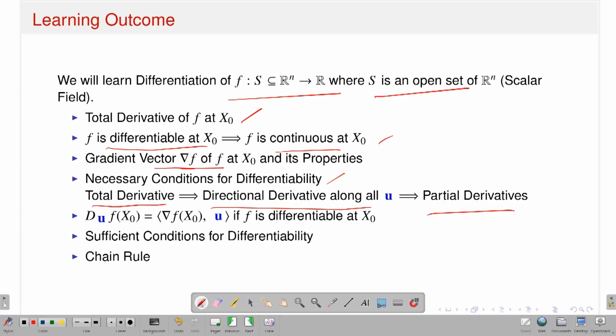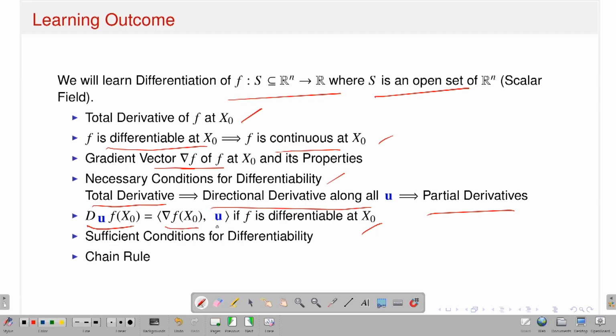Of course, you may ask about the converse: when can I say something about the existence of the total derivative from the existence of partial and directional derivatives? Those are the things I will talk about in my coming lectures. Not only that, once I have the total derivative, I can write the directional derivative of my function f at x naught in the direction u in terms of the total derivative.